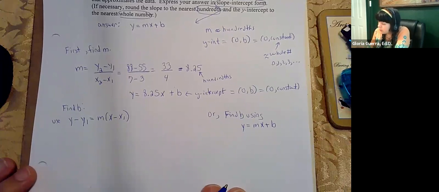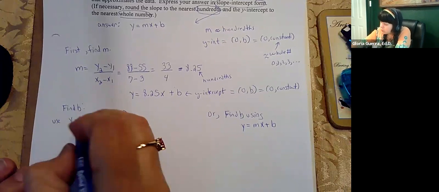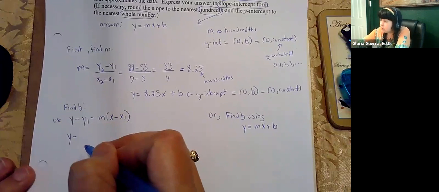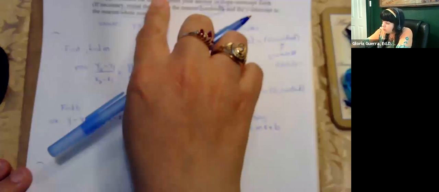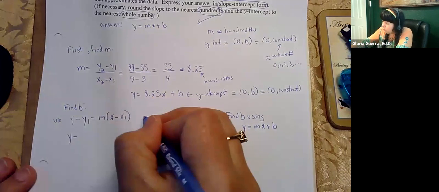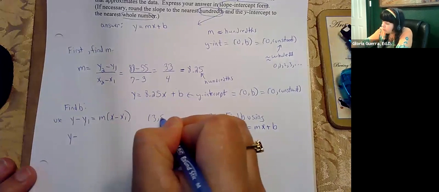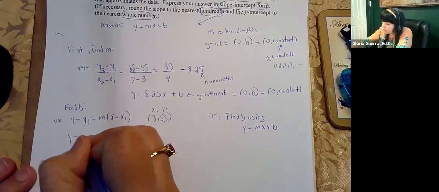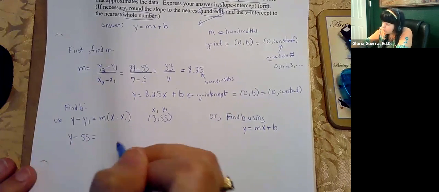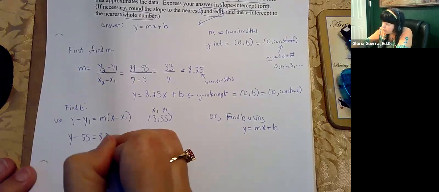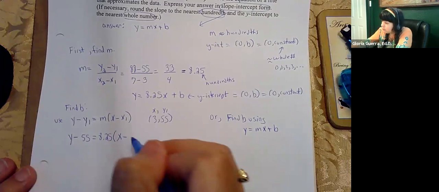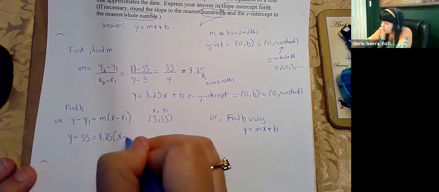So let's see. If we use y minus y1, I can use the 3, 55 and call that x1, y1. y minus 55 equals m, which is 8.25, parenthesis x minus x1, and x1 is 3.